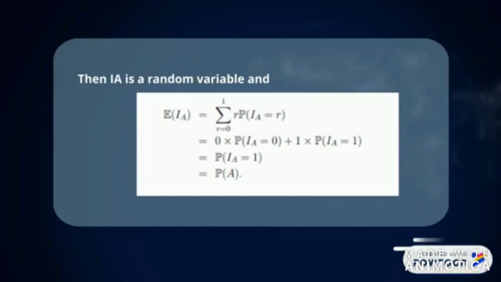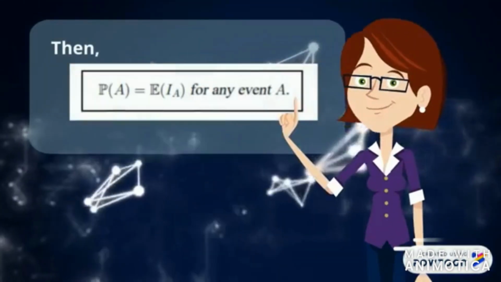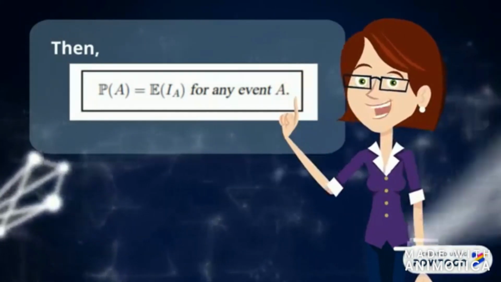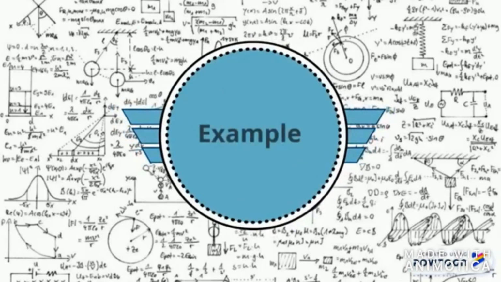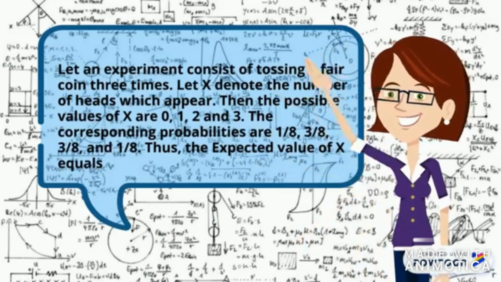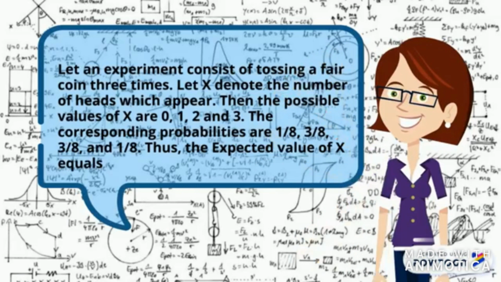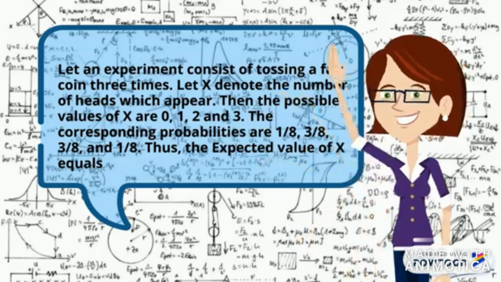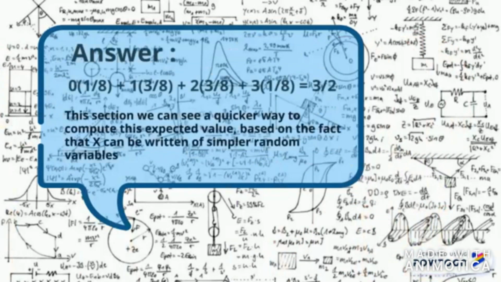Then P(A) = E(I_A) for any event A. So, the expected value for the example given can be obtained by multiplying the possible values with the corresponding probabilities.